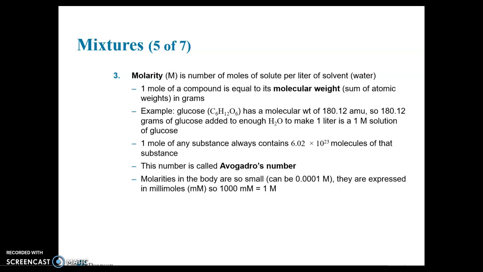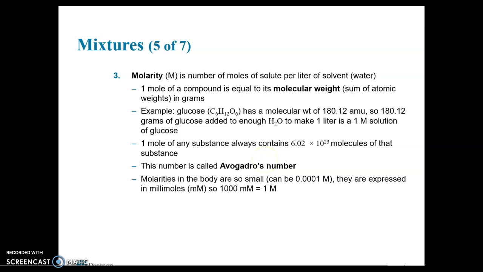If you were to go to the periodic table, for example, and look up the atomic weight for oxygen, it is 16. The atomic weight of hydrogen is 1 point something, and carbon is 12 point something.